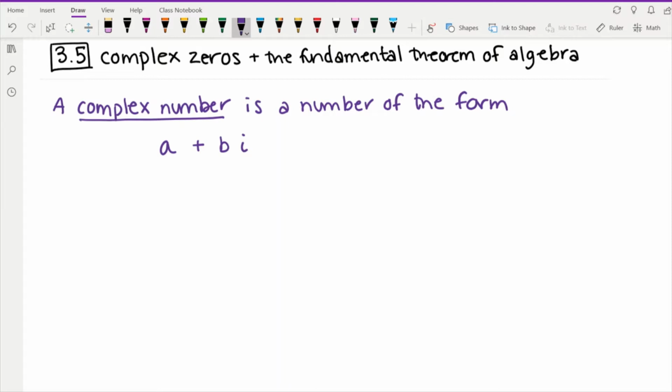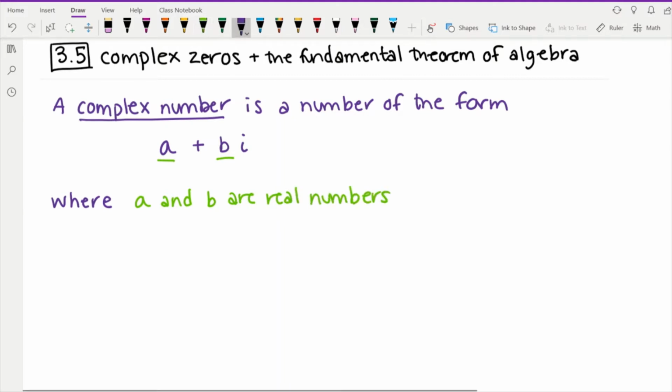What's going on with this a and this b and this i? Well, a and b both represent real numbers. And then what is i? Well, i is a special symbol that is a shortcut for writing down the square root of -1.